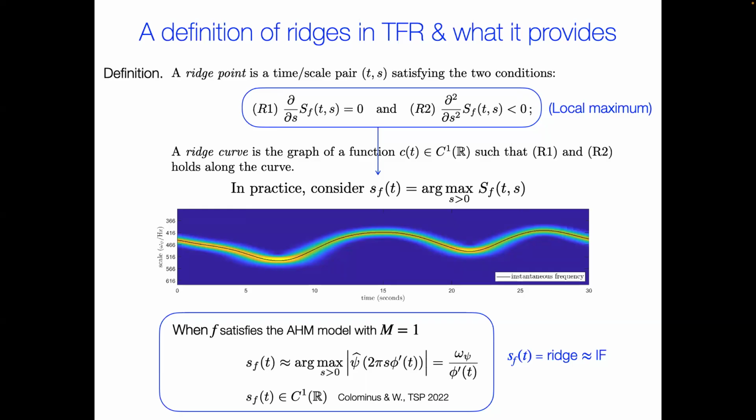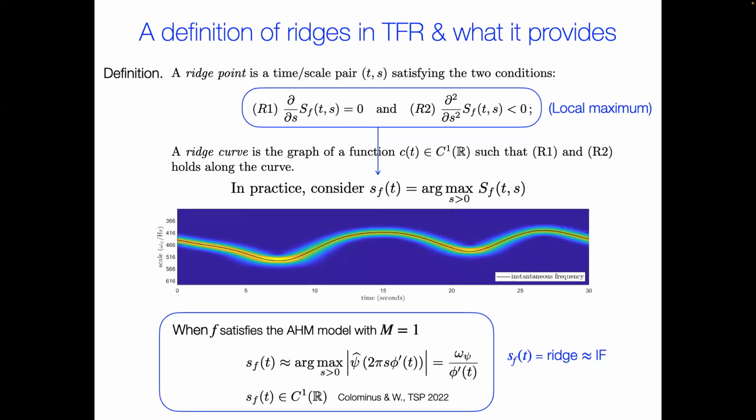And you can also show SF of t is actually C1. You can see from that definition that it is a derivative in the scale domain, and you want to get C1 in the time domain. Clearly, that is the implicit function theorem, so we just use the implicit function theorem to show C1. And by the argument in the previous slide, you can see that the ridge is roughly the instantaneous frequency.